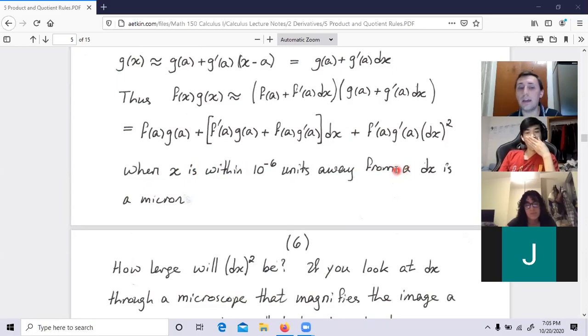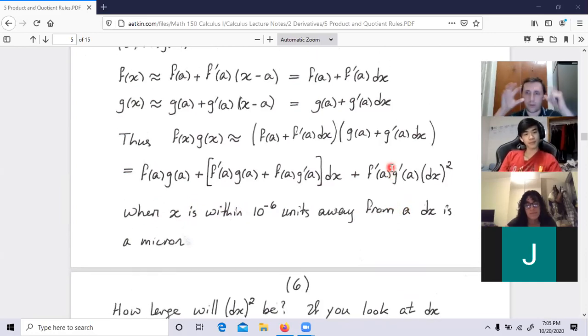And then I carry out a magnification of 1 million times, and I look through a very powerful microscope that multiplies the micron by 1 million times. What's the length of the micron now under the magnification? You understand? 1 million times. Can you tell me? So here the micron is invisible. I put on goggles that magnify the micron by a factor of a million. How large will the micron appear?